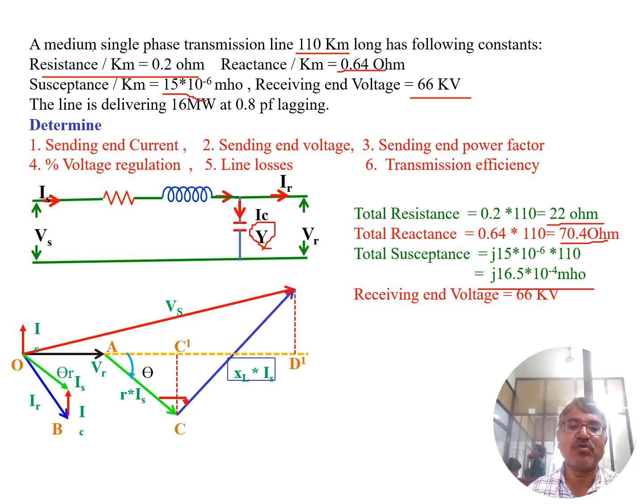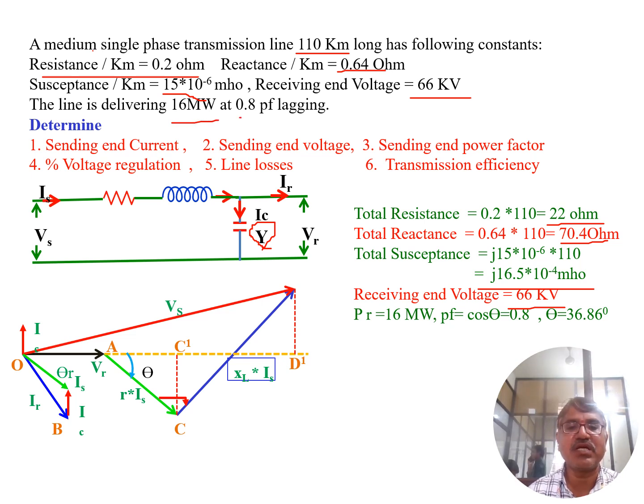So the given voltage is directly taken as the receiving end voltage, that is equal to 66 kV. Next, the other given ratings: total receiving end power is equal to 16 megawatts.